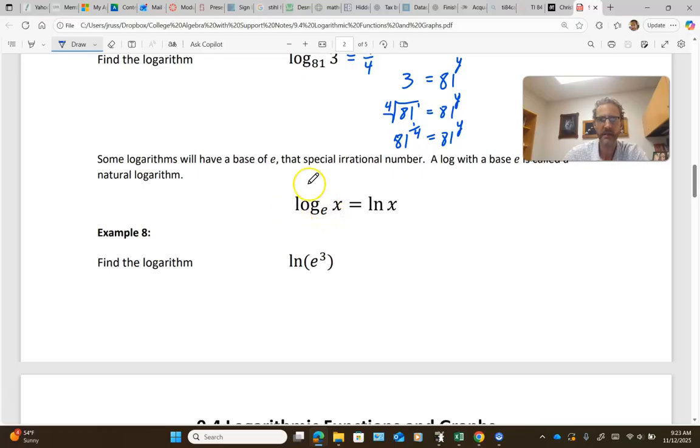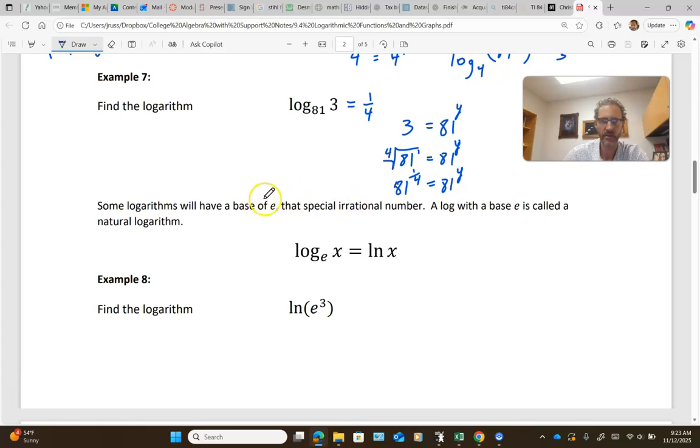So we've talked about that special irrational number e. It turns out, guys, that number occurs a lot in math. And so when we have a logarithm with that base, we tend not to write it. Some books you'll see it written, but usually you just see it expressed this way.